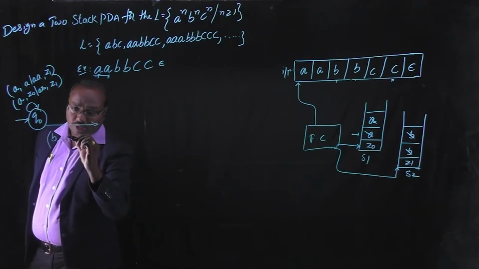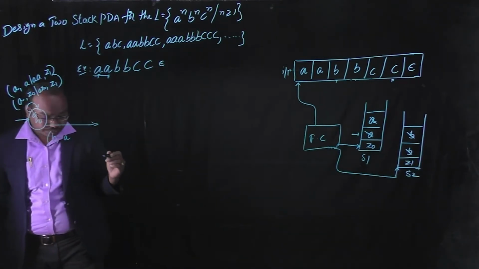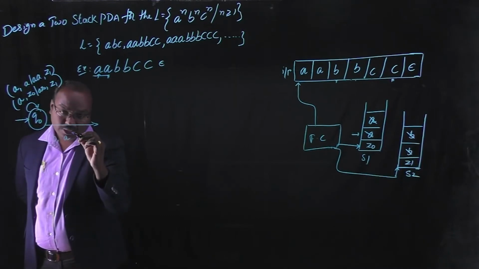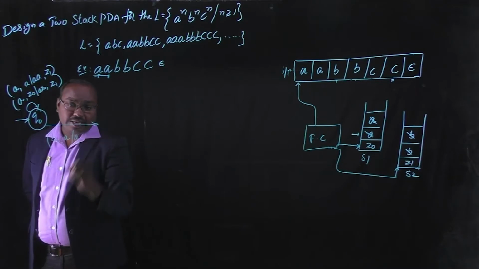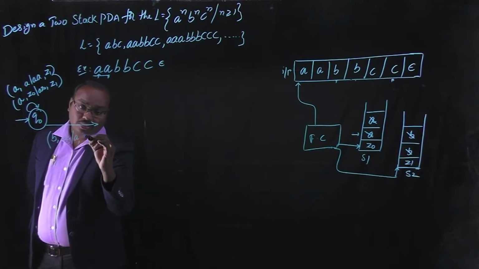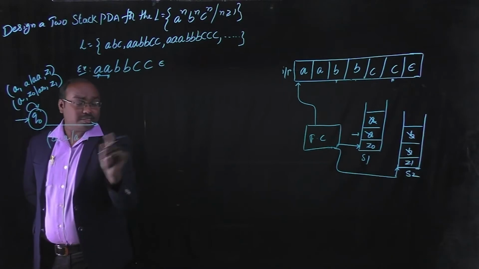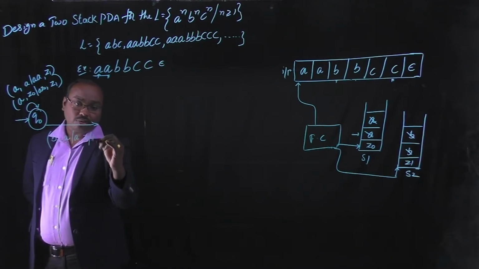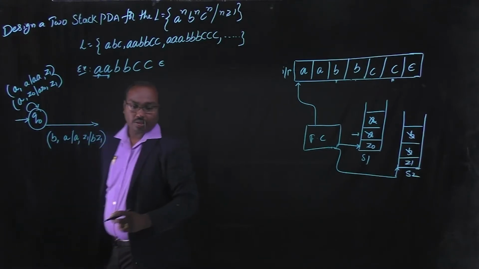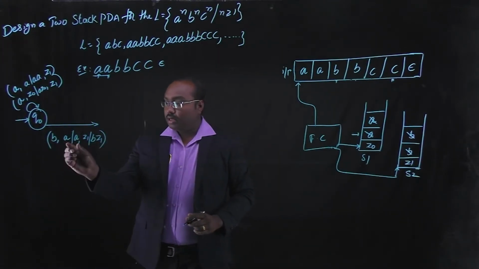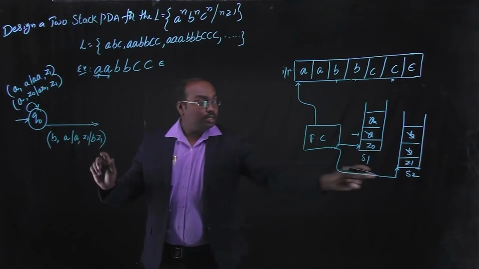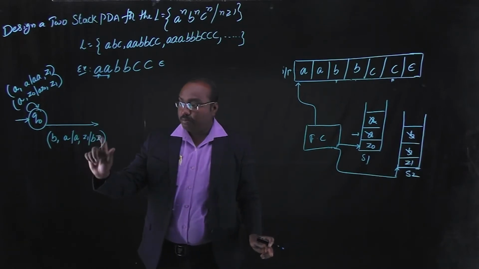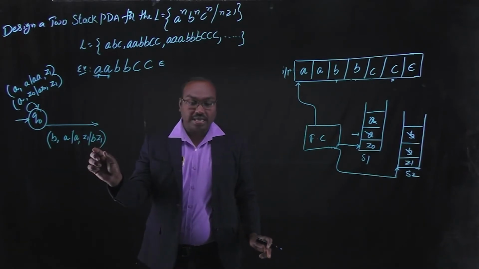The input symbol is B, and stack 1's top element is A. Leave A as A, and the top of the element in stack 2 is Z1. Then we can push B onto stack 2. If the input symbol is B, stack 1 top of the element is A, leave A as A, and stack 2 top of the element is Z1, push that input symbol onto stack 2.